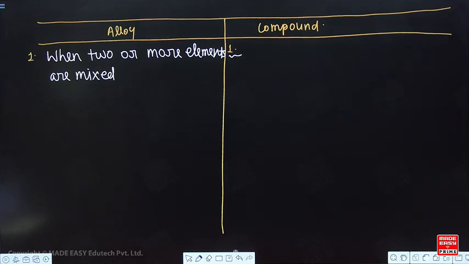In alloy we will write: an alloy has physical properties which are intermediate between those of constituent elements.